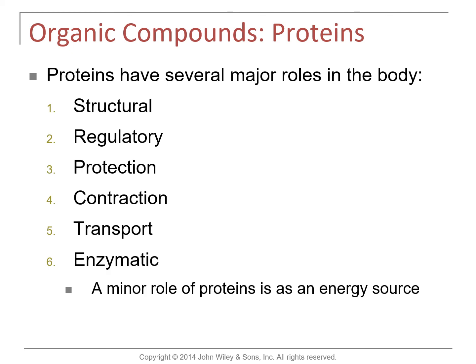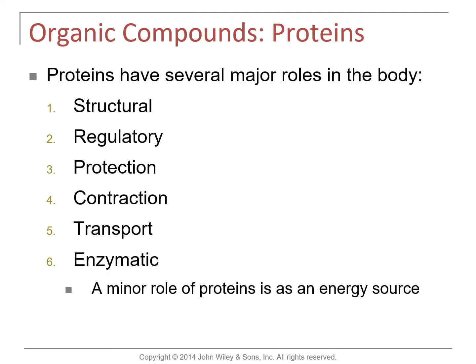Other proteins provide protection, physical protection, such as the proteins that make up your muscles or the proteins that make up your bones. Yes, bone contains proteins. We also have immune protection provided by immunoglobulins or antibody proteins and complement proteins. We have protection against blood loss with clotting proteins.